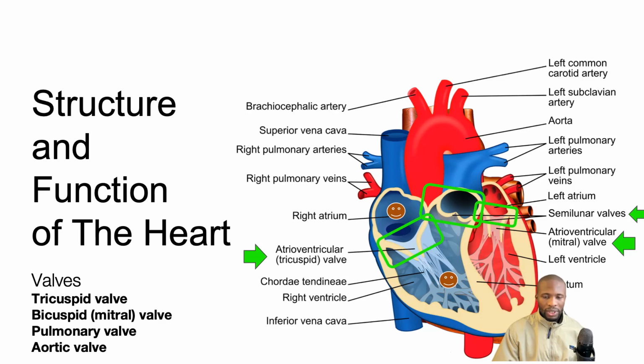They're going to open to allow blood to flow from the atrium into the next chambers, which will be the ventricles. But we also see the aortic and pulmonic valves close because we don't want blood to go into those areas also. So that is how we're able to maintain a one-way flow. Because if these doors do not close, the blood's going to go backwards.